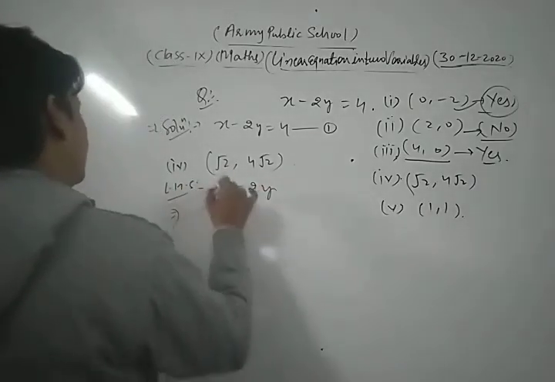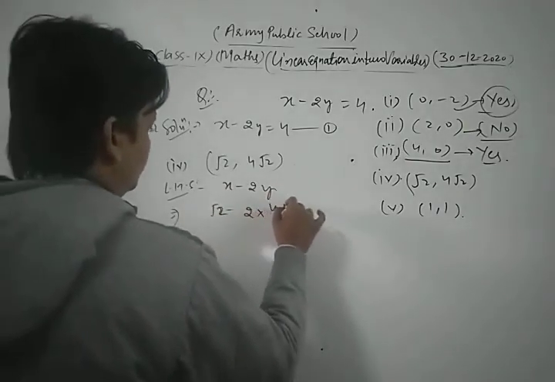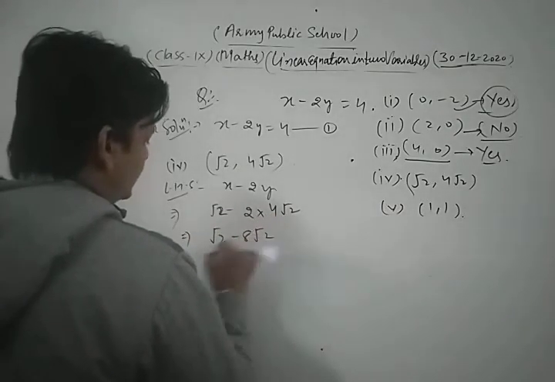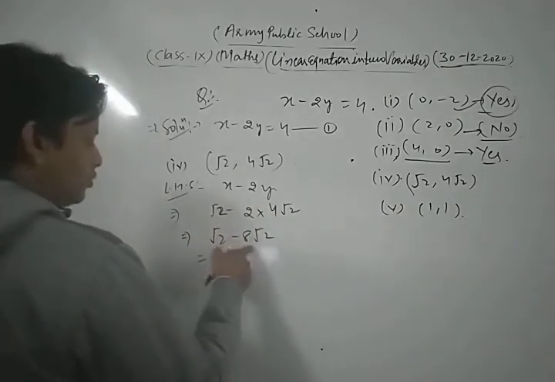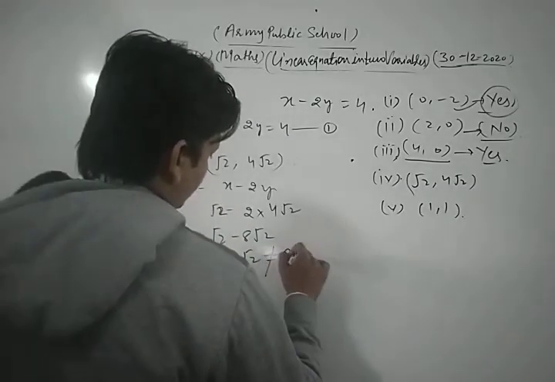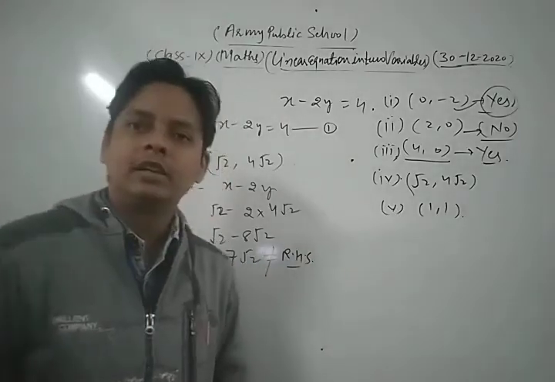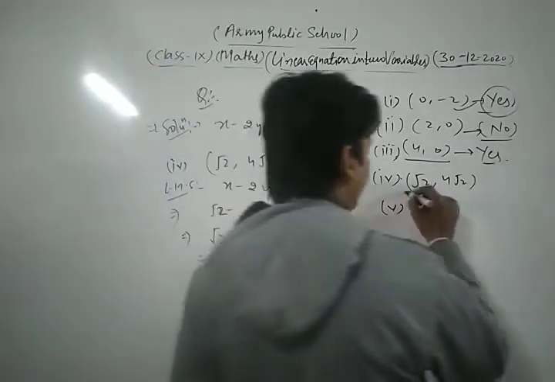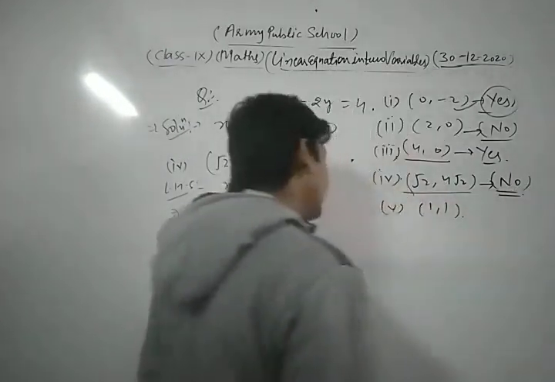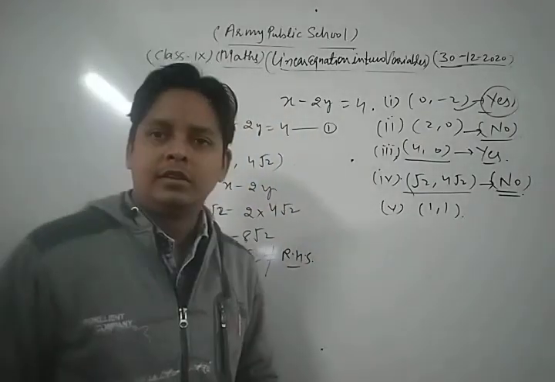Now we put x is equal to root 2 and y is equal to 4 root 2. So we get root 2 minus 2 times 4 root 2, which is root 2 minus 8 root 2. These are like terms, so this is minus 7 root 2, which is not equal to RHS. Thus, dear student, in this way we can say that the pair of values root 2 and 4 root 2 is not a solution of the given equation.